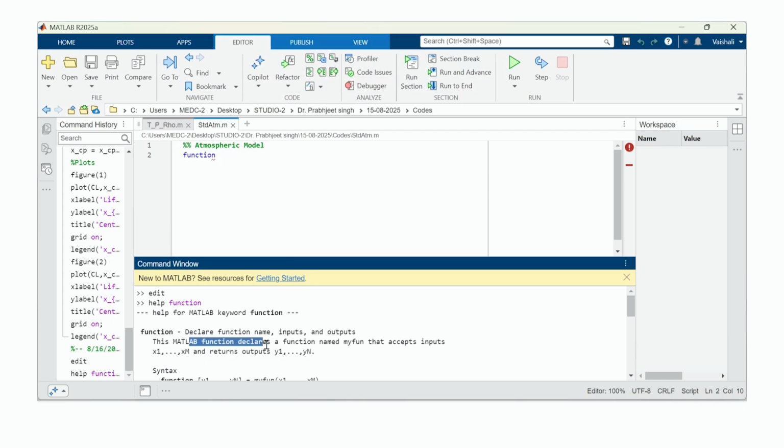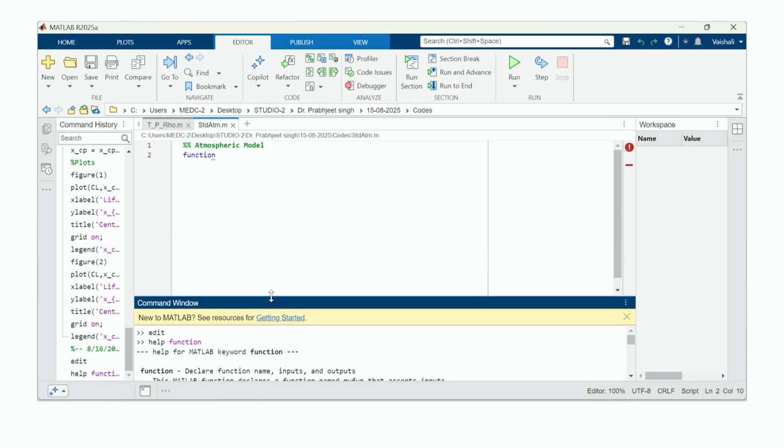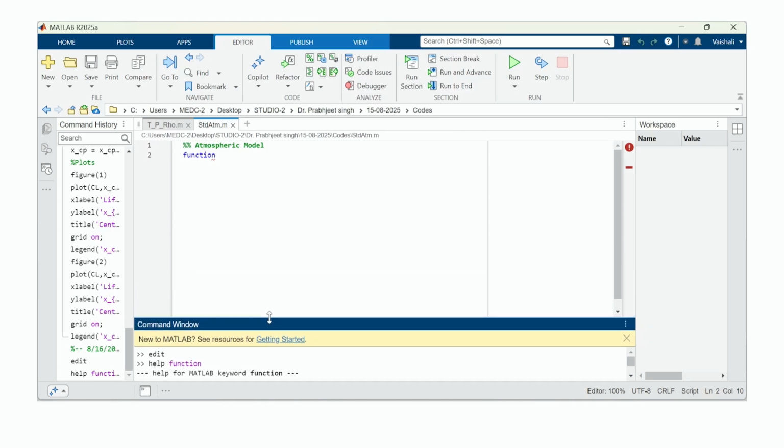This MATLAB function declares a function named myfun, depending upon the name you have written, that accepts inputs x1 to xm and returns outputs y1 to yn. So you can enter n number of inputs and get any number of outputs. Similarly, you can write help and the command name for other commands.